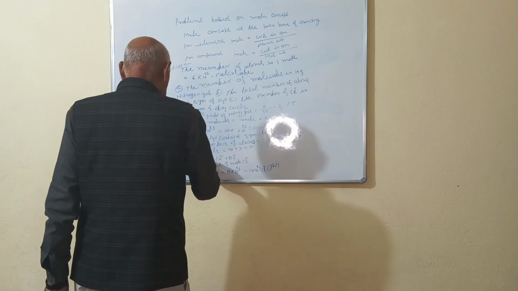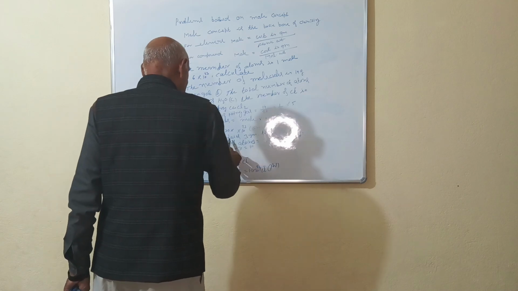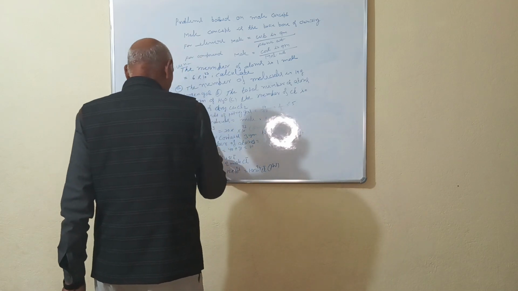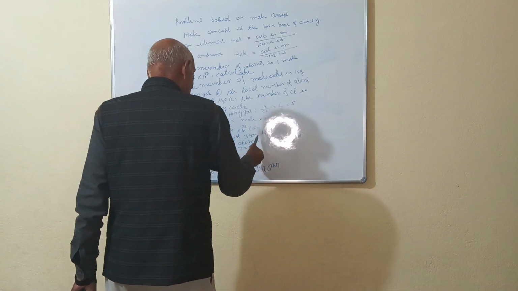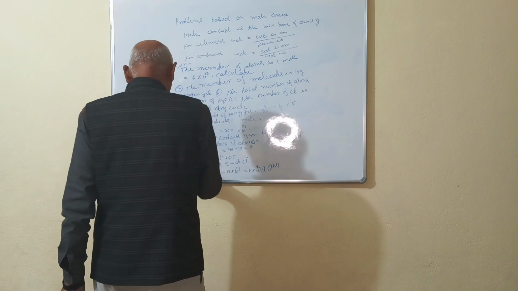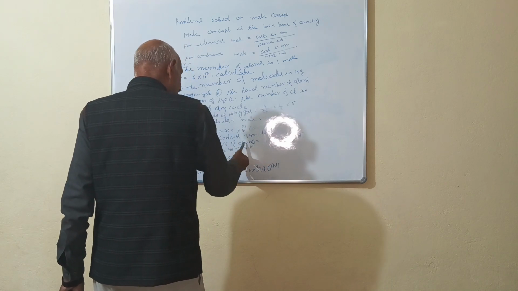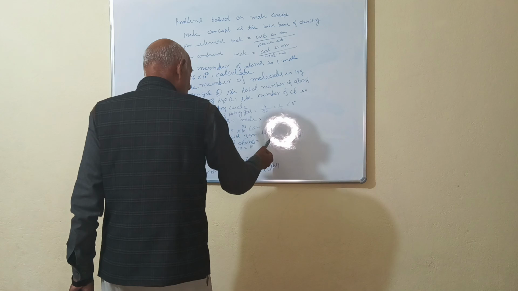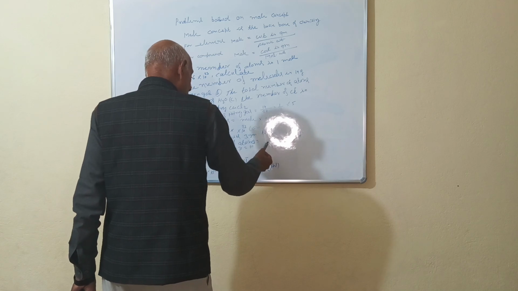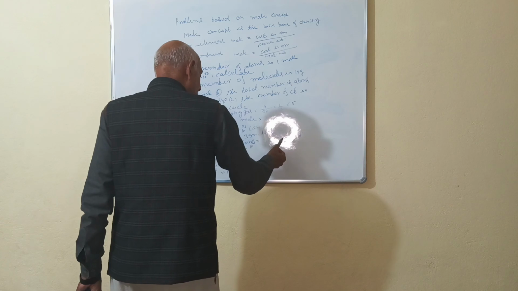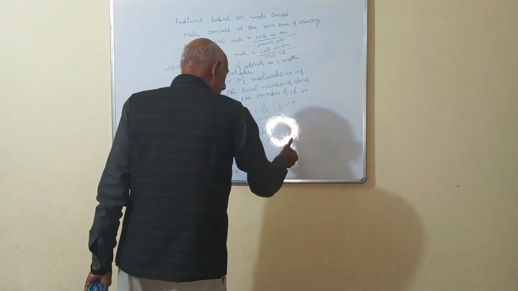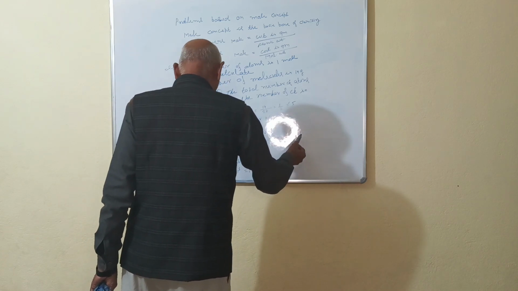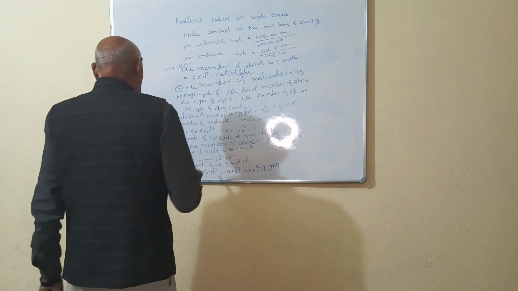Here 18 gram of H2O is 1 mole of H2O, which contains 3 gram atoms. Therefore, number of atoms equals 3 × Avogadro number, that is 3 × 6 × 10^23, equals 1.8 × 10^24 atoms.